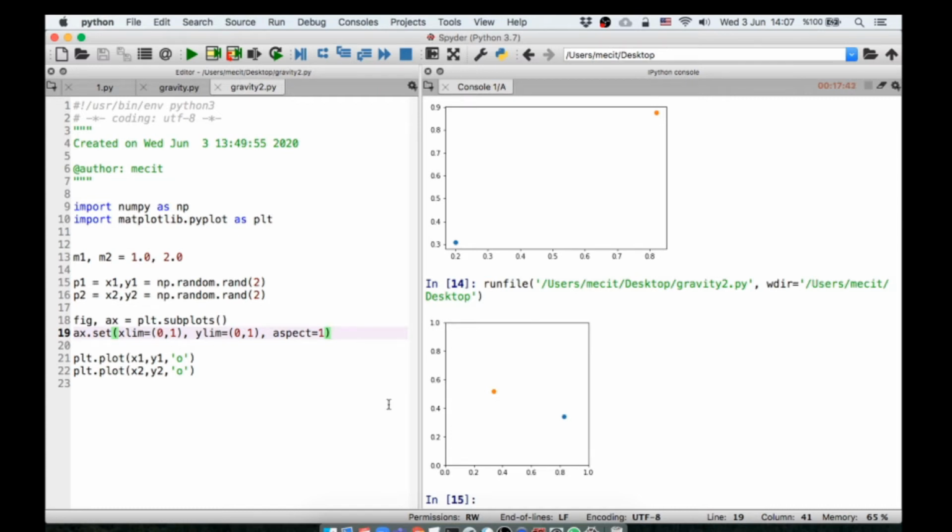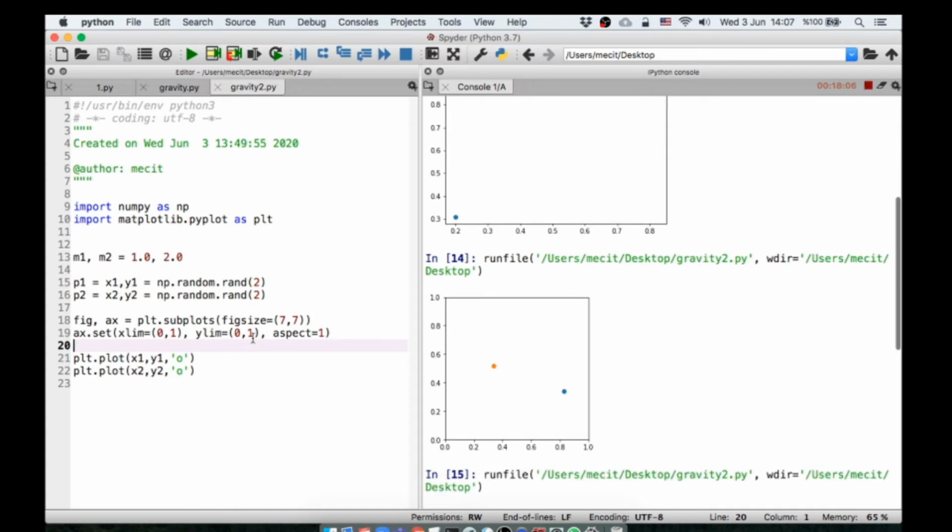This is good. I can also make the figure size a little larger by supplying a figure size here. Figure size, a 7 by 7. I experimented earlier and find it quite nice.